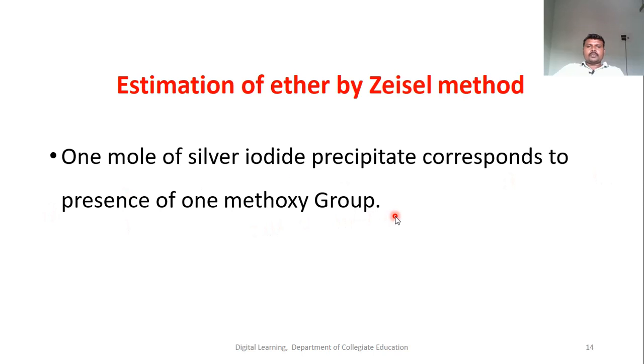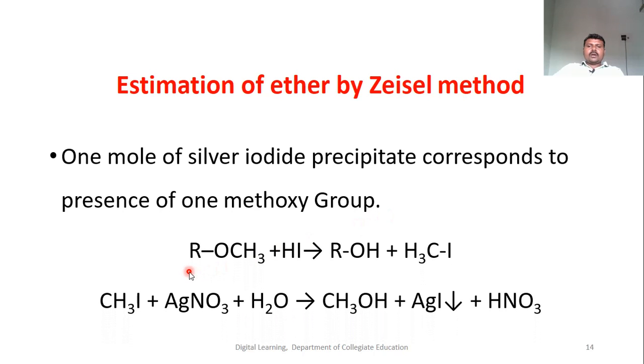The reactions which are involved in Zeisel's method are: ROCH3, that is, this is the methoxy group, ROCH3. This reacts with hydroiodic acid to give alcohol and methyl iodide or iodomethane. This iodomethane reacts with silver nitrate to give methanol and silver iodide.